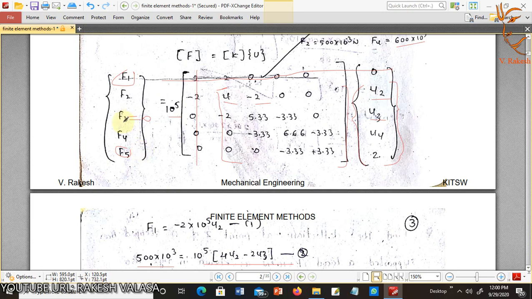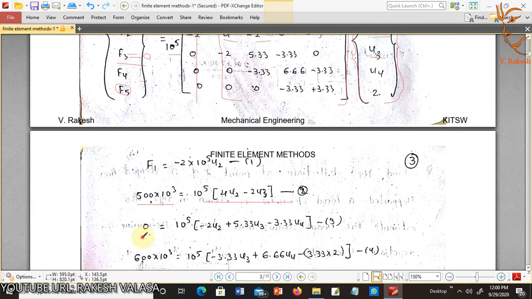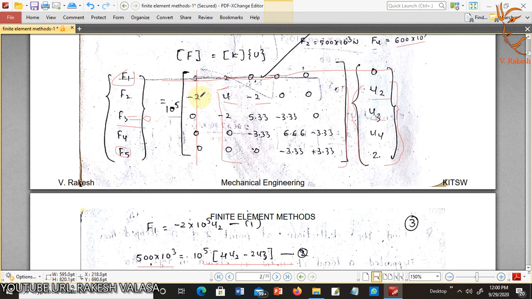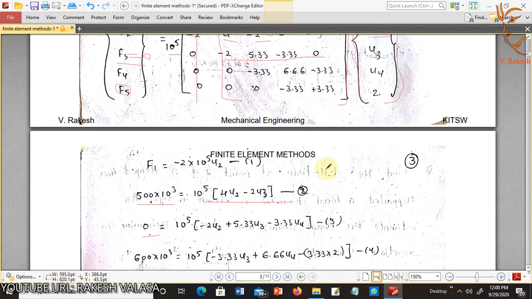Similarly, you can write the next equation, that is F3, that means 0 equal to 10 power 5 into this row, that is minus 2 u2 plus 5.33 u3 minus 3.33 u4 plus 0 into 2. This is equation number 3. Next equation is F4.